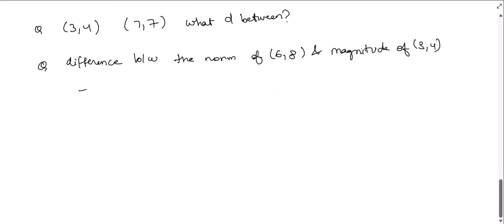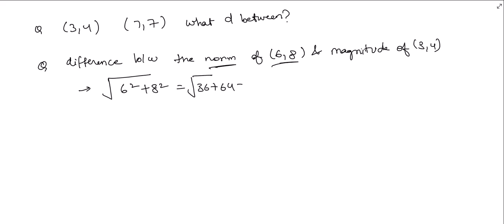Okay. So let's try to solve this. The norm, we said, is the magnitude. So we can calculate it by root of 6 square plus 8 square, which gives us 36 plus 64, 100, which gives us 10.